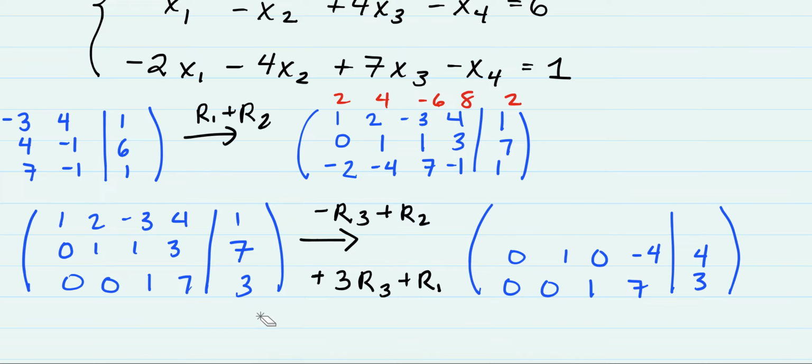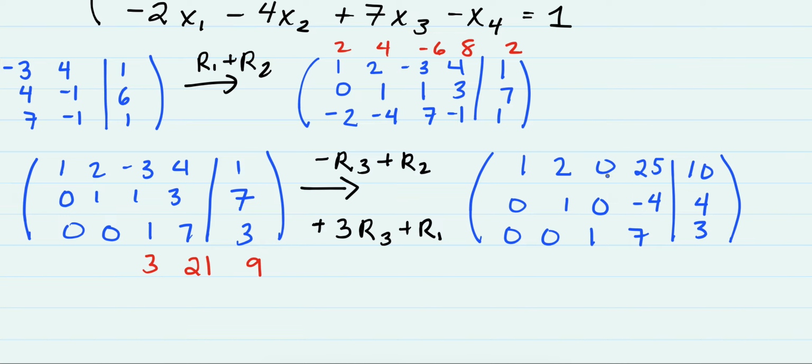Now let's erase this and let's take care of this one. So we multiply it by 3. So we get 3, 21, 9. And add it to the first row. So we get 1, 2, 0, 25, 10. Okay.